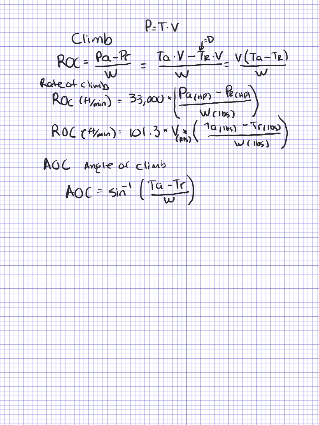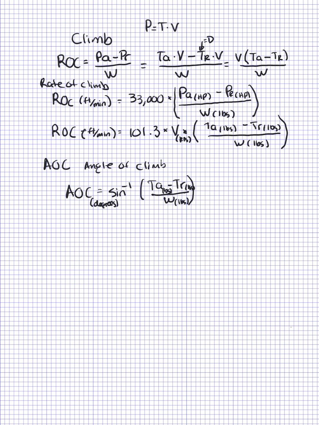Thrust is in pounds and weight is in pounds, so this angle of climb is going to be in degrees. Make sure that you have your calculator in degrees when you do the sine to the -1.